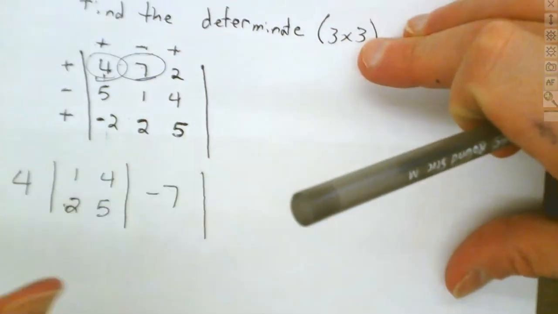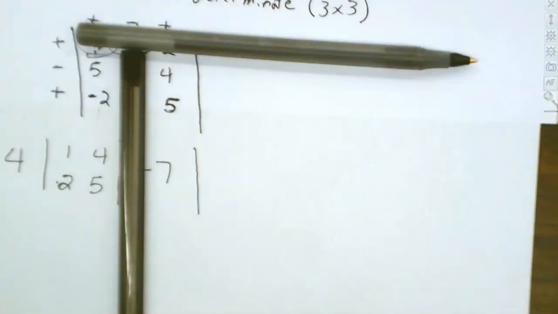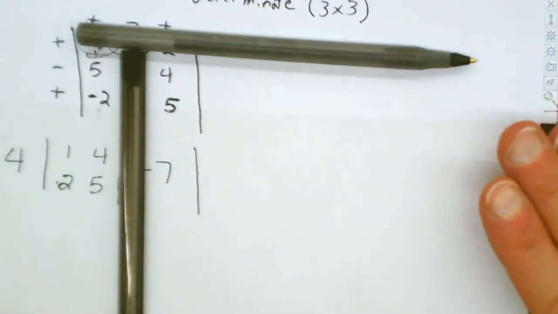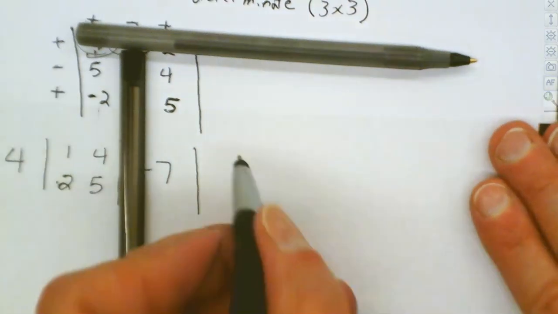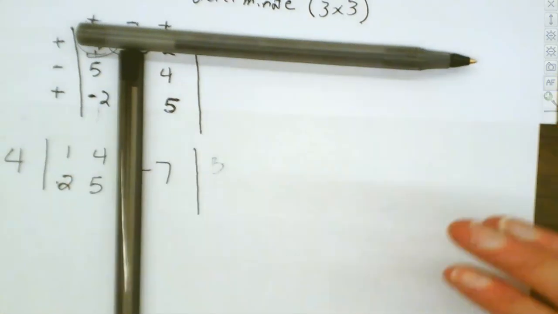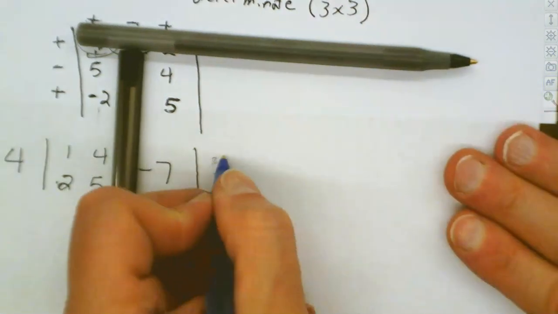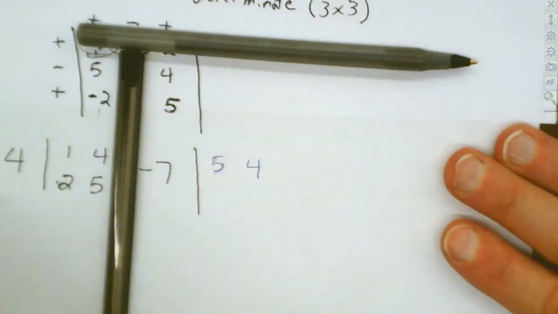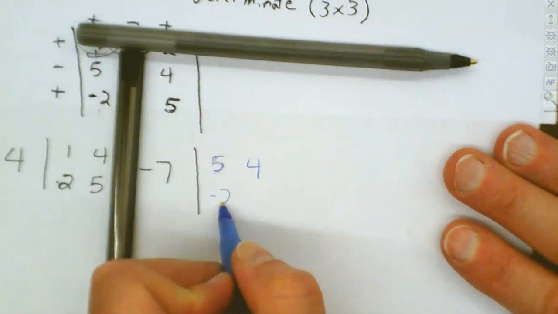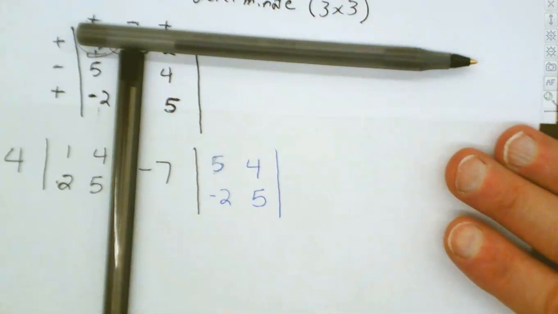So what's left over? We've got a 5, 4 across, minus 2, and 5. Is everyone okay with how I did that?